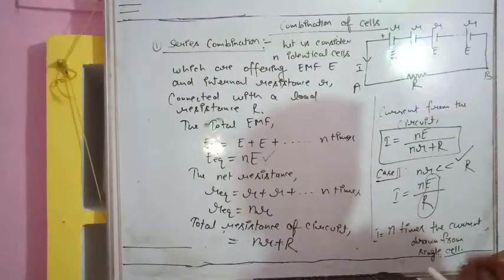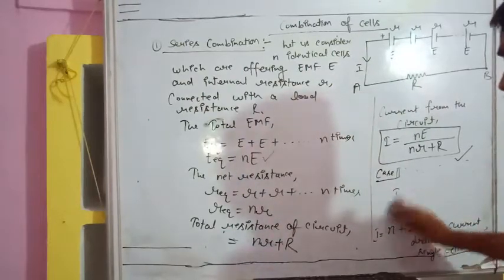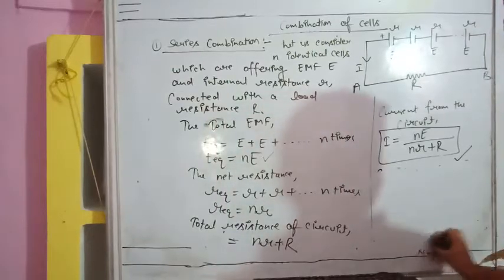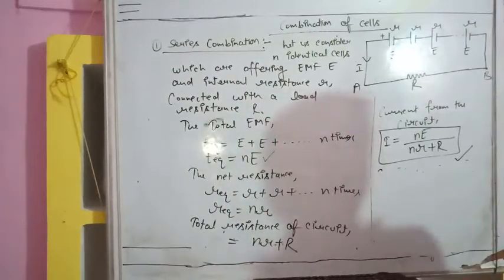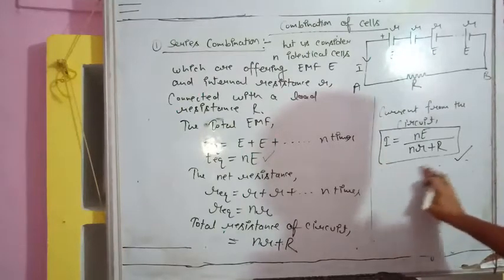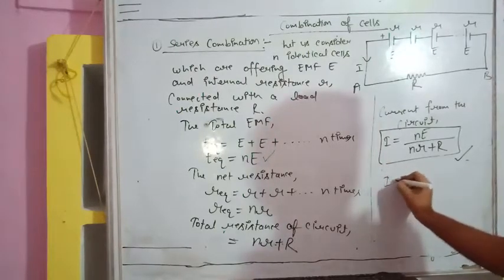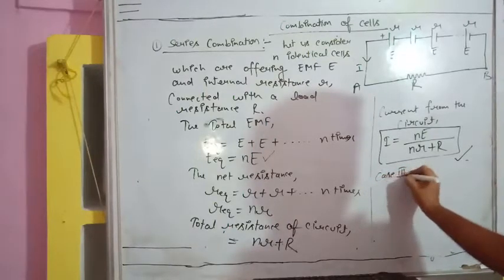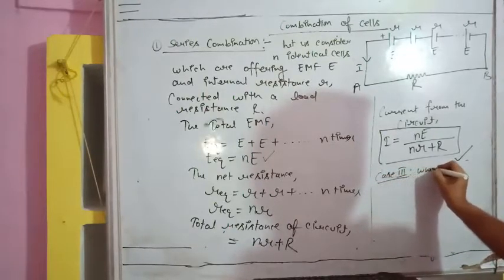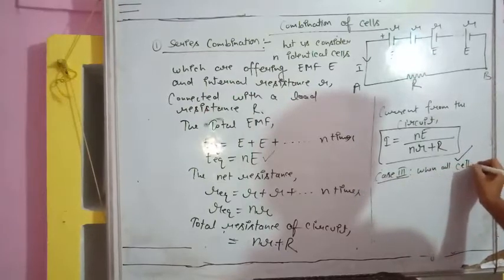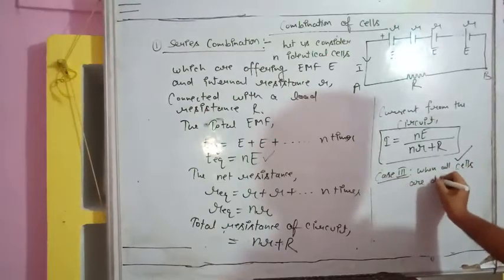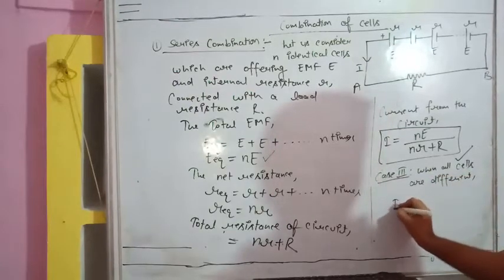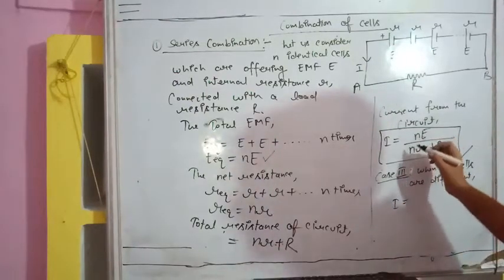Now the case third, the last case we are going to study. Students, in this case we assumed that the cells are identical initially. Suppose all cells are different, then what will be the condition? Case 3, when all cells are different, in that case I will be equal to all the EMFs you are adding.